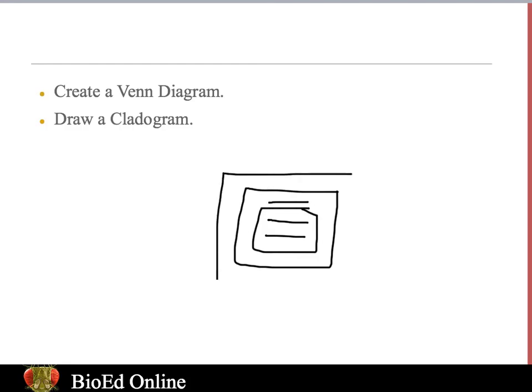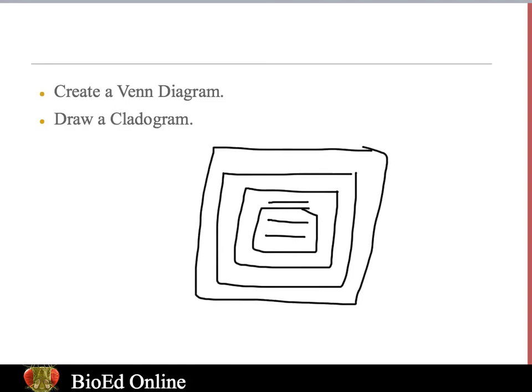So you're making those nested diagrams in your notebook for each of our clades that we have. And then from there, draw the cladogram, right? That's this diagram like this, showing what order those organisms are lined up in, and therefore what order the traits show up on that bottom line.